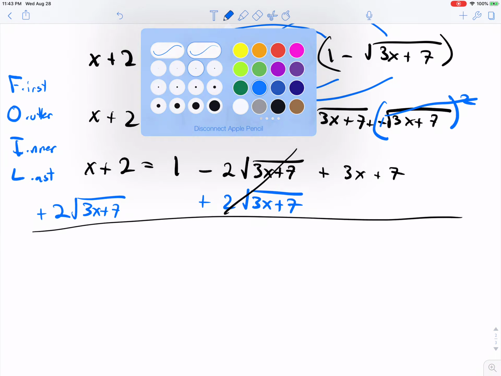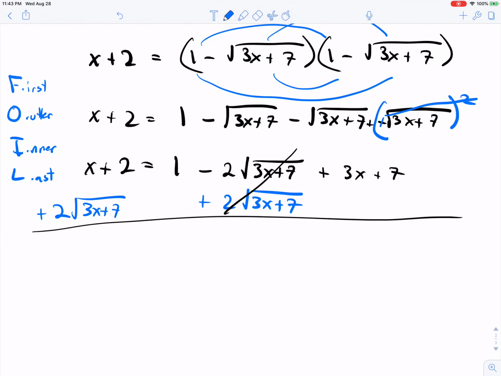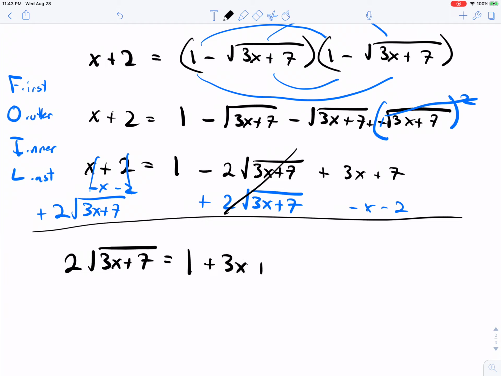I'm subtracting x, subtracting 2, subtracting x, subtracting 2, so those cancel each other. On the left, we're left with 2 times the square root of 3x plus 7. On the right, we have 1 plus 3x plus 7 minus x minus 2.